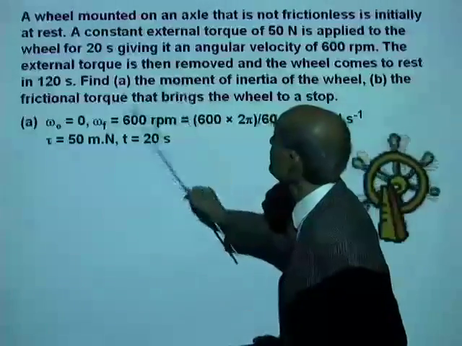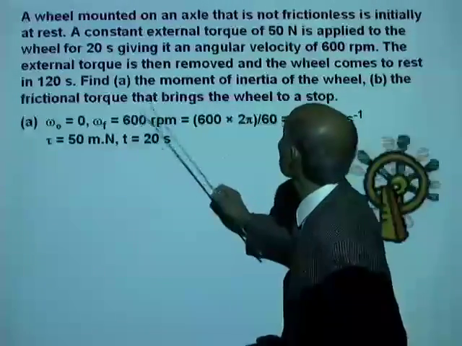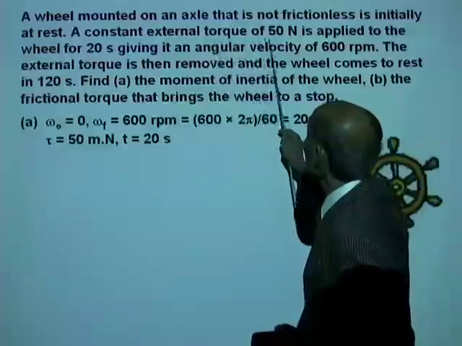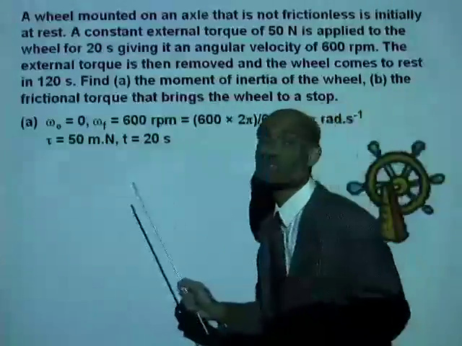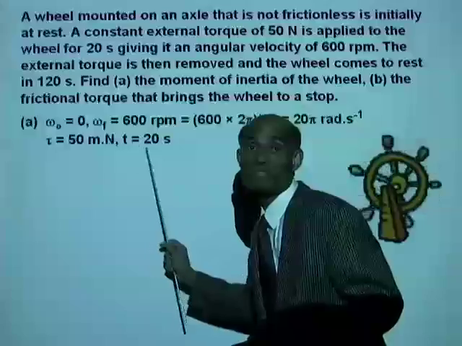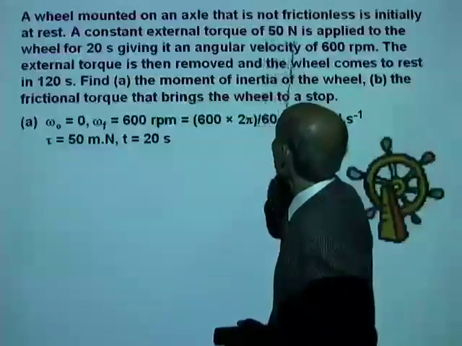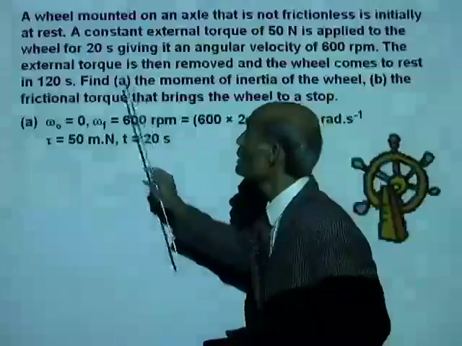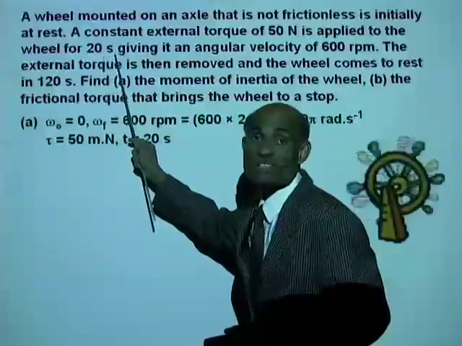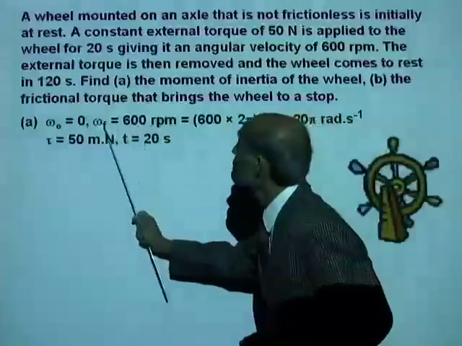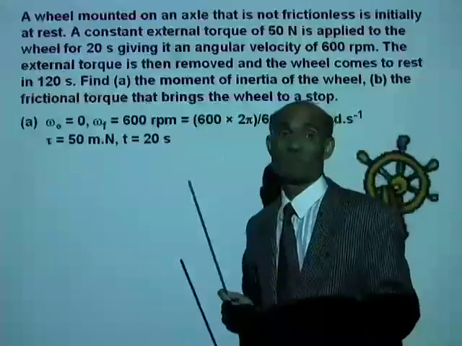Tau equal to 50 meter Newton. The external torque applied is 50 meter Newton and the time is 20 seconds, which gives it this angular velocity.